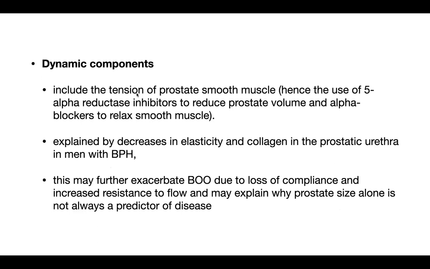This has to do with the decrease in the elasticity and collagen in the prostatic urethra. Of course, this can go hand in hand with the static components, and it may explain why the prostate size alone is not always a predictor of the disease.